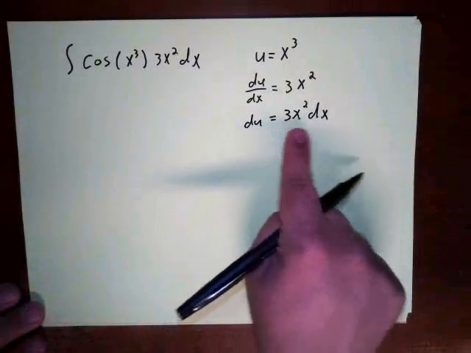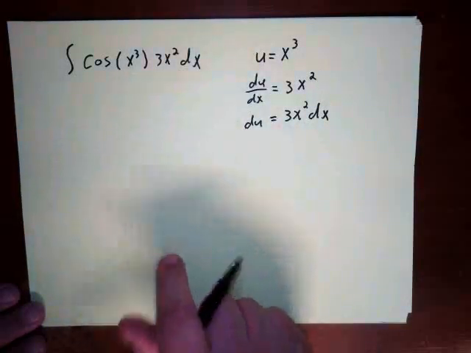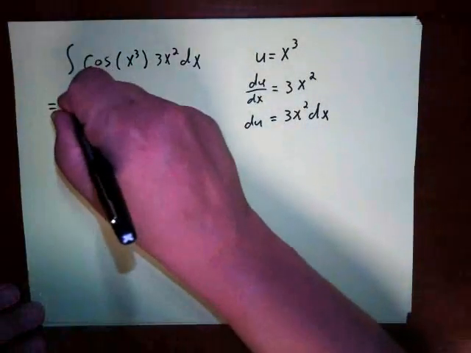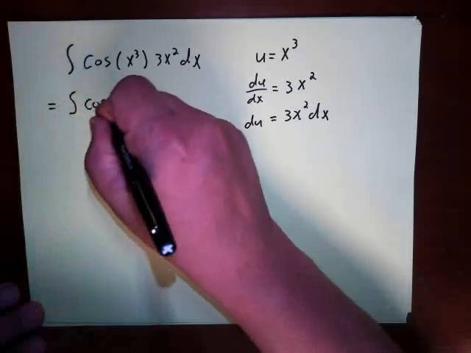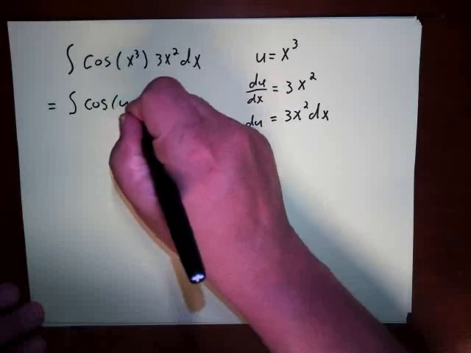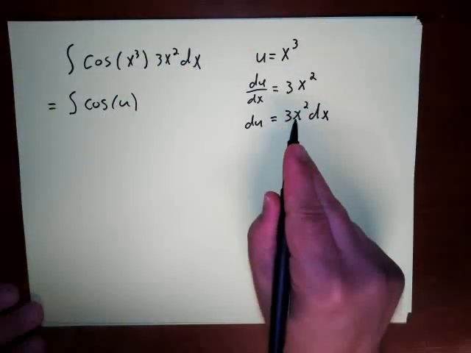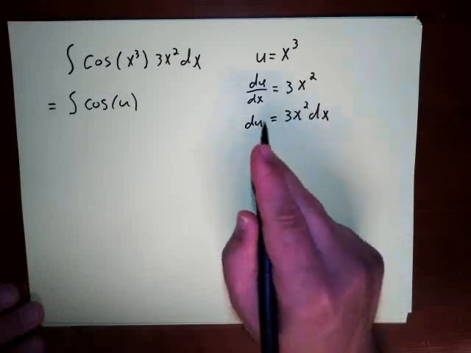So you got this, and this is right here, okay? So I can rewrite this integral as cosine, and x cubed is equal to u, so this is like the cosine of u, and then all of this, 3x squared dx, is equal to du.